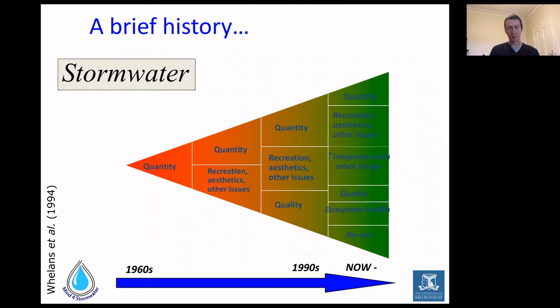I use here the term reuse, although technically it wasn't used in the first place, so perhaps we should really call it stormwater harvesting, but that would have had more trouble fitting into that box, but really trying to capture that as a resource.